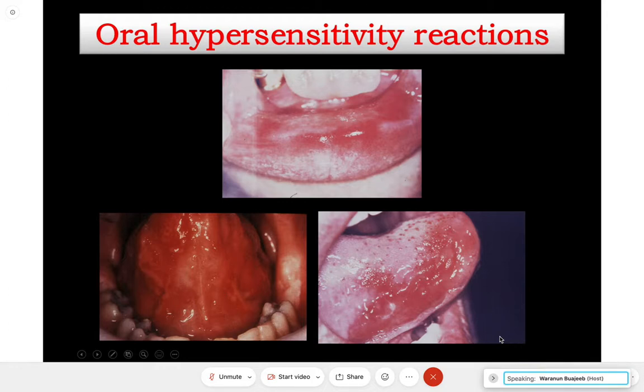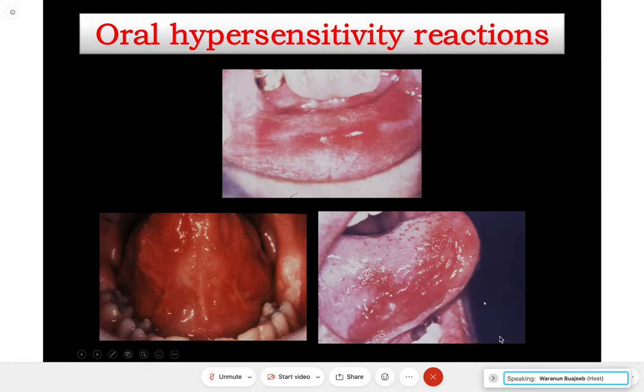Or eugenol, because of the temporary filling at the lower right posterior teeth, and the tongue, with the saliva containing that eugenol, can cause erythema at the right side of the tongue.